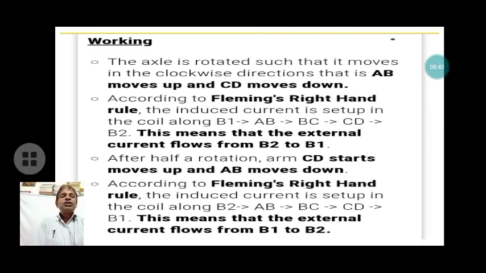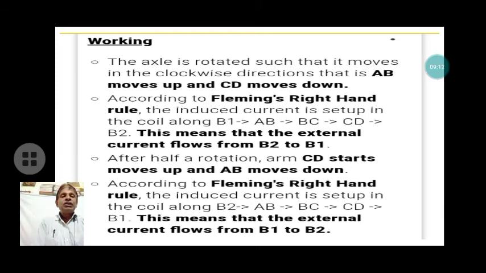After half a rotation, arm CD moves up and arm AB moves down, because arm CD comes at the previous position of AB, and AB comes at the previous position of CD.